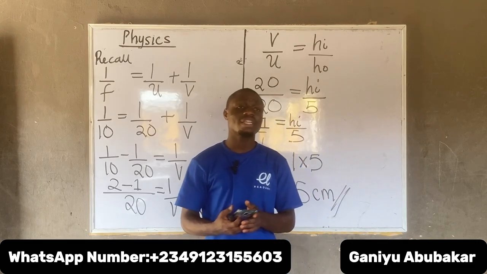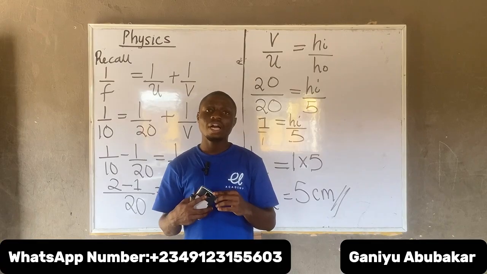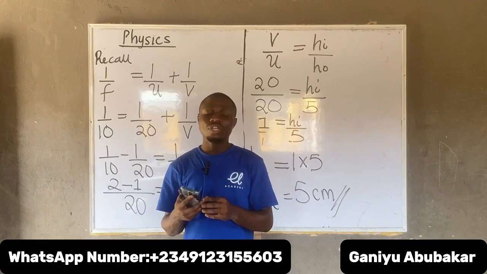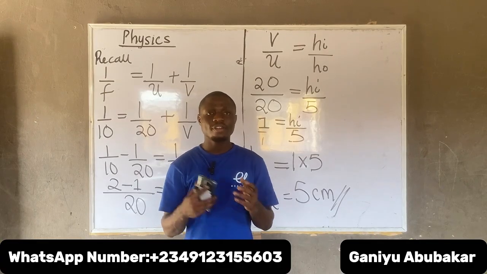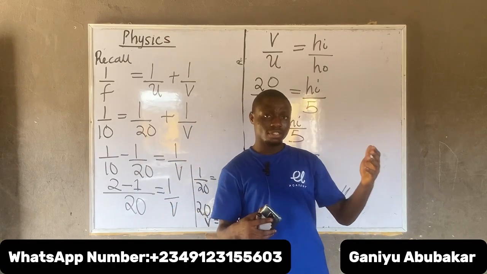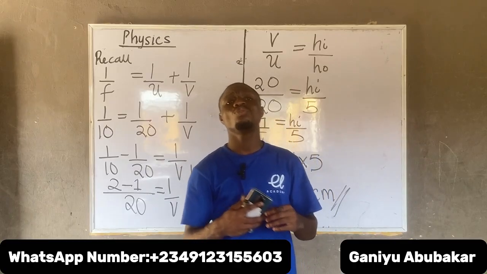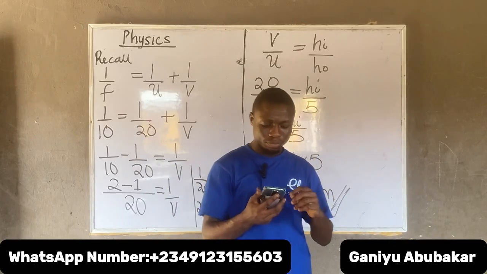We watched our first class on convex mirror. I said a convex mirror image is erect, virtual and diminished. So watch our previous class, you should know the answer to this. So option A is my answer to question 9.